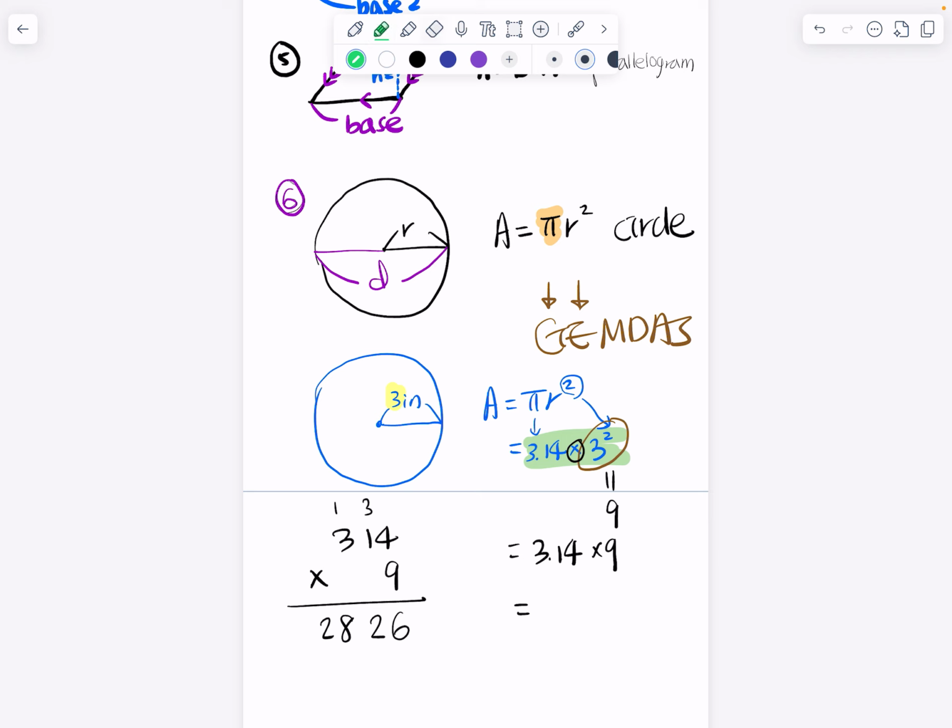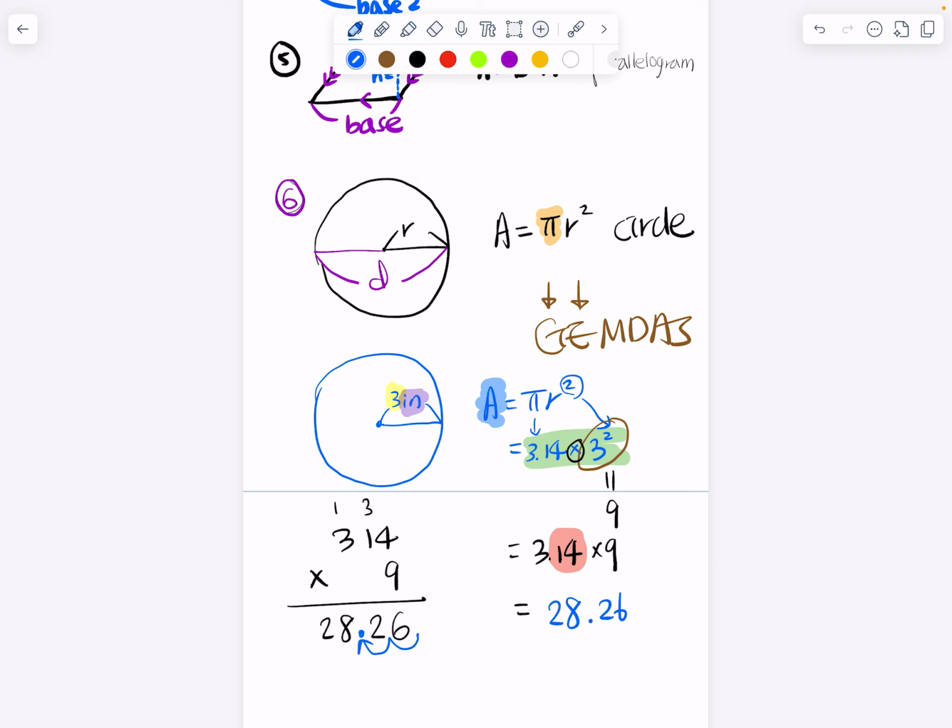And because there are 2 decimal places, you bring the decimal point 1, 2 to the left. Right there is your answer, 28.26. What's the unit of this problem?